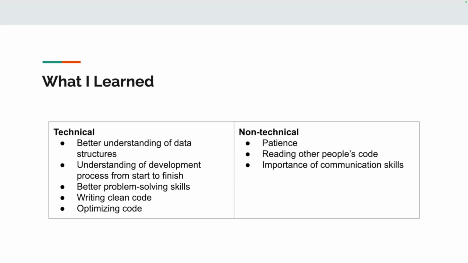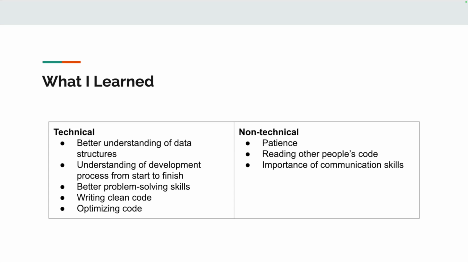And also, reading other people's code. Before, I actually didn't really like to read other people's code. I thought it was a little bit messy, but then I came to the understanding that reading other engineers' or developers' code allowed me to see how they think and how they approach the problem themselves.